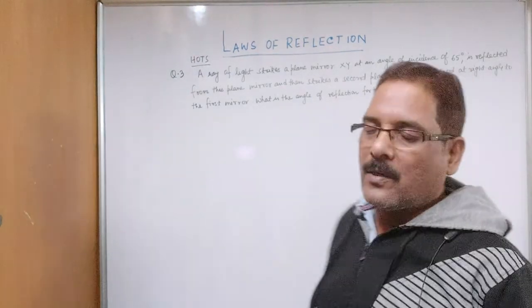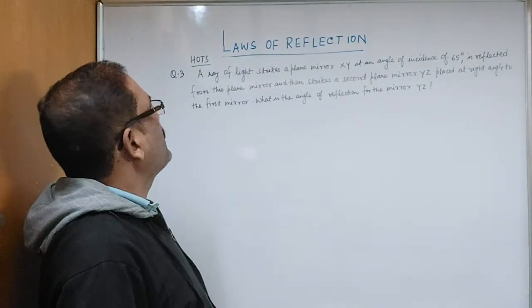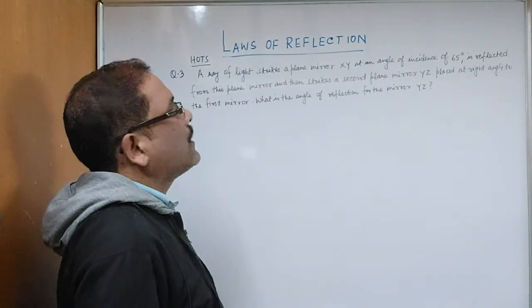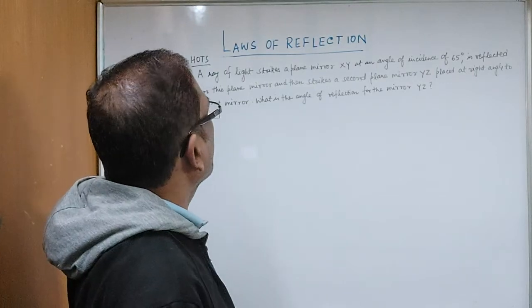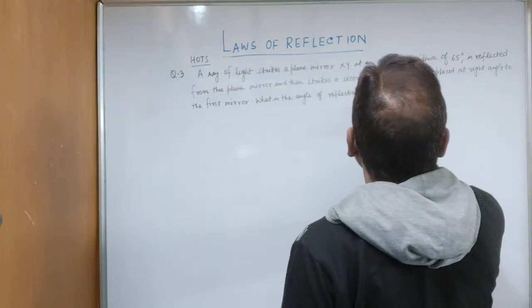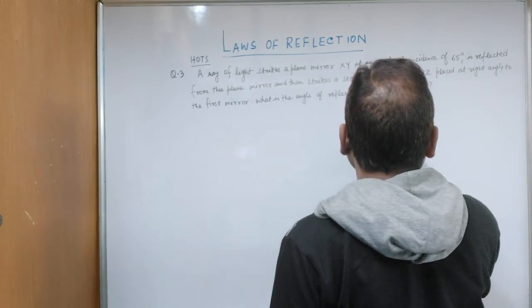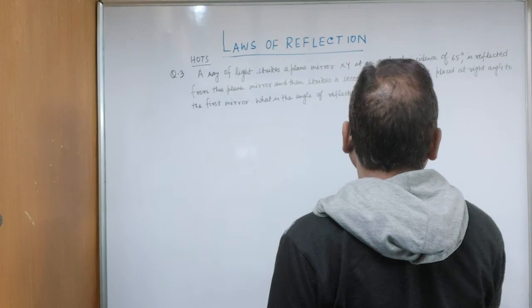Those who are not able to solve this one, for those students, I am just repeating it once again. A ray of light strikes a plane mirror XY. So first of all, you draw a mirror XY. Let this be the mirror XY.